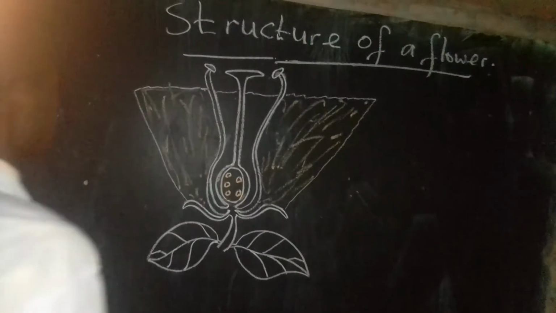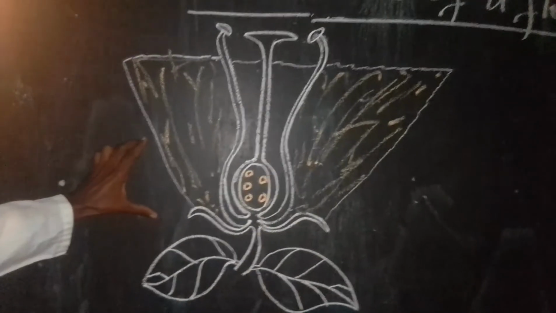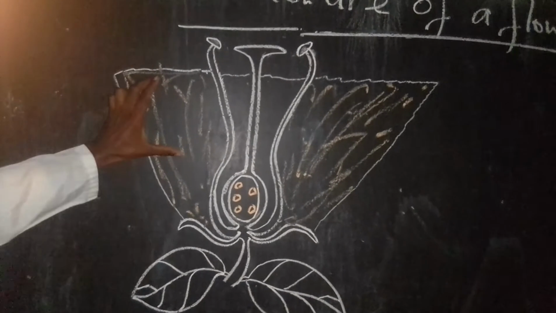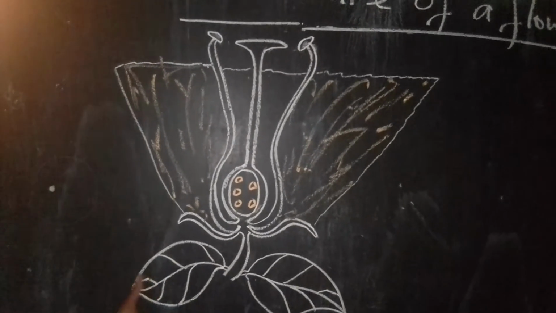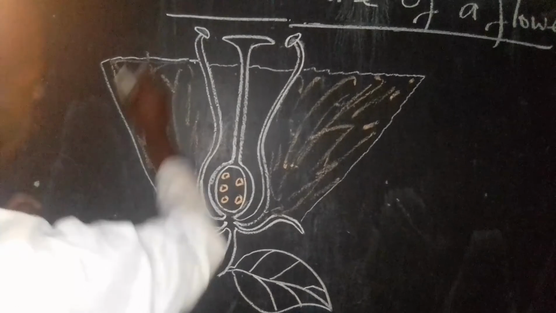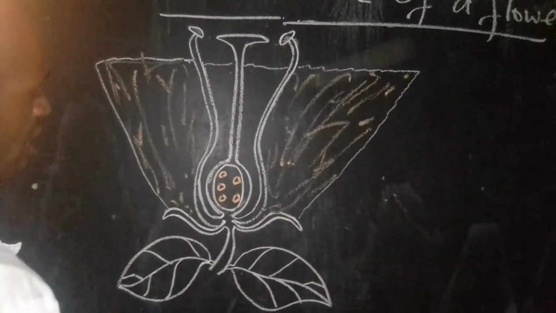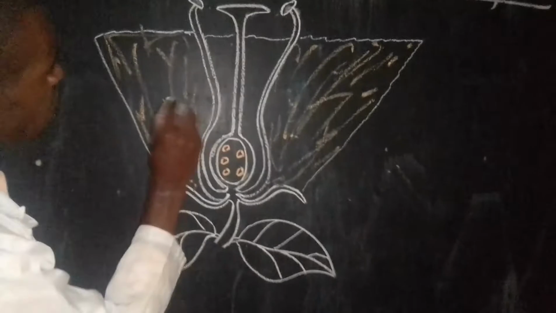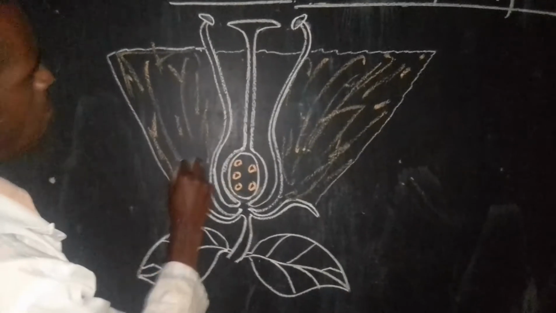Okay. This flower has many parts. As we have seen, we are going to study the parts. All of those are parts of the flower. Now, in this flower, we have the very important part.